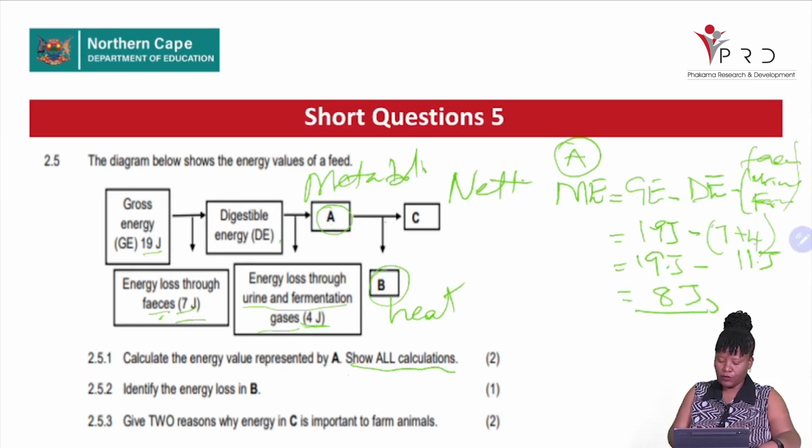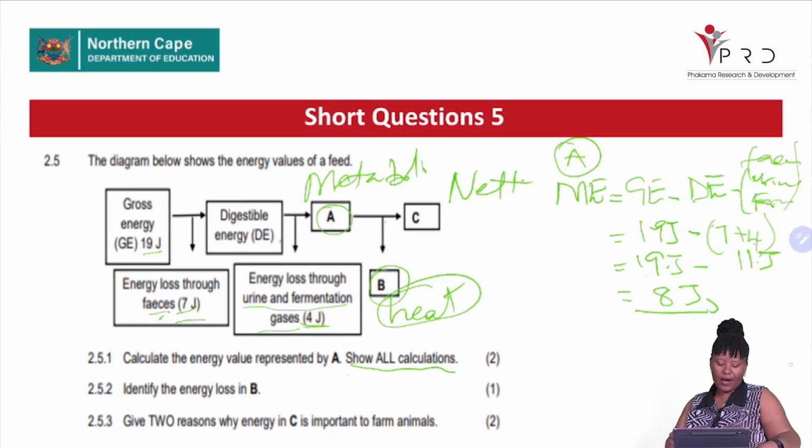That will be your answer. You have shown that 7 plus 4 is 11. That's why you were able to say 19 minus 11. Identify the energy loss in B. We already dealt with that. So once you get the information, just apply your mind before you check your questions.